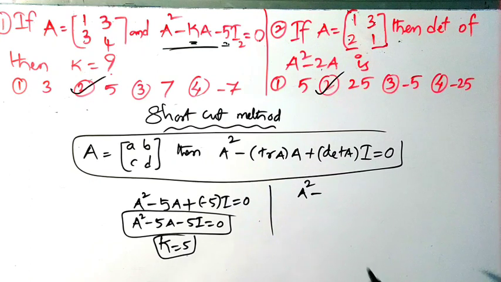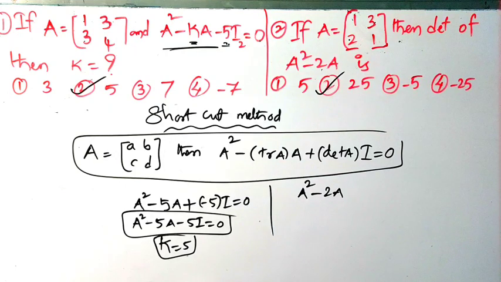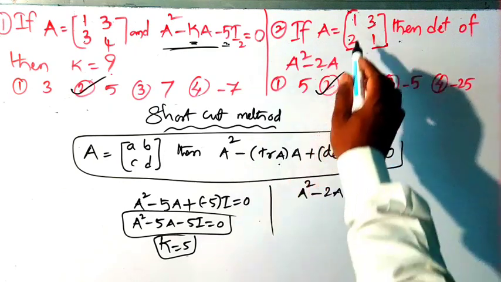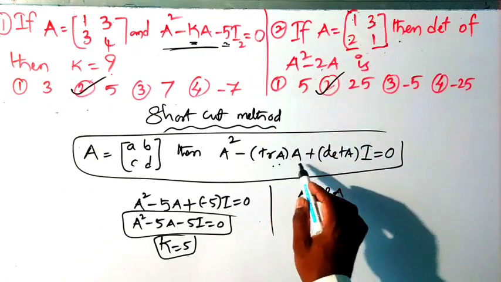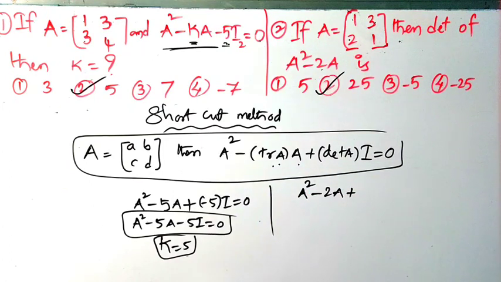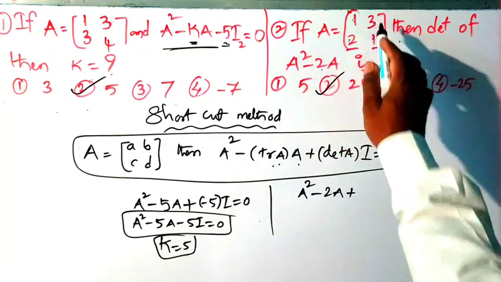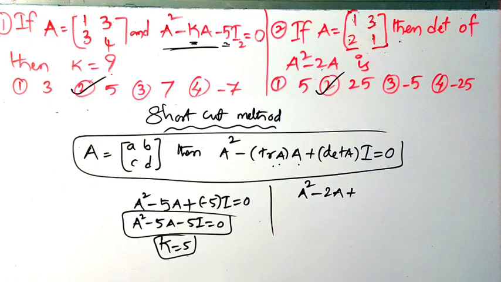So 1 plus 1 is nothing but 2 into A, 2A. Plus determinant of A. So what is the determinant of A? 1 into 1, 1, minus 2 into 3. AD minus BC, determinant of A for a square matrix of order 2.